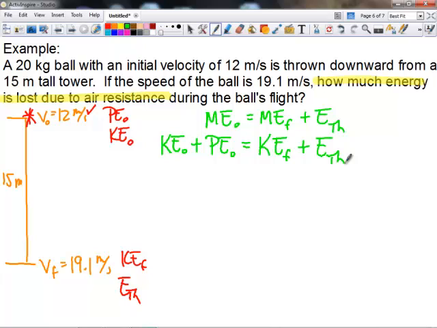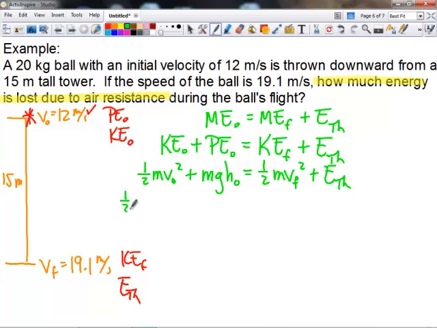So now we're going to plug in. Kinetic energy initial is going to be 1/2 mv naught squared. PE initial is mg times h initial. KEF is 1/2 mvf squared. And ETH is what we're going to solve for. Now I'm just going to plug in my variables, and we're going to be able to determine what ETH is.